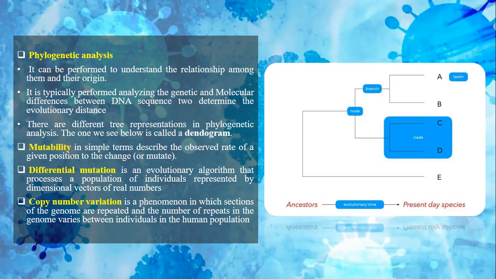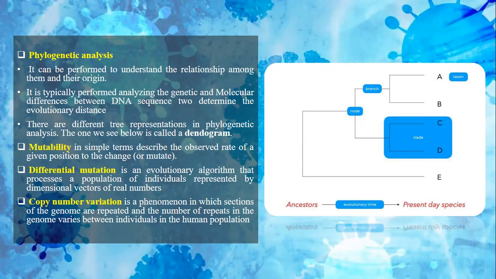In the diagram, A, B, C, D, E are referred to as taxa, and the branch emerging from a common origin, which is the node, gives two clades, C and D, and A and B. C and D are in one clade, which tells us that they are very closely related to each other.